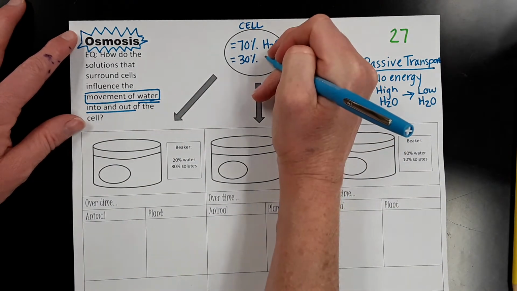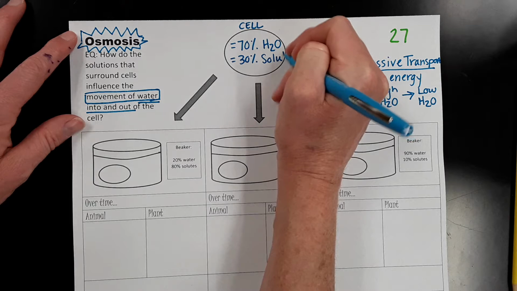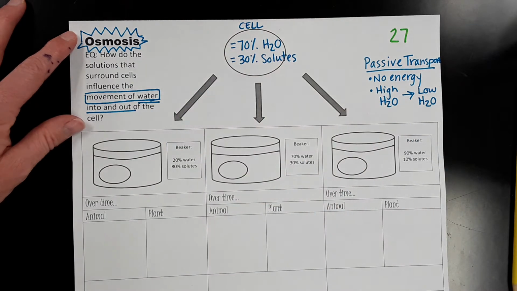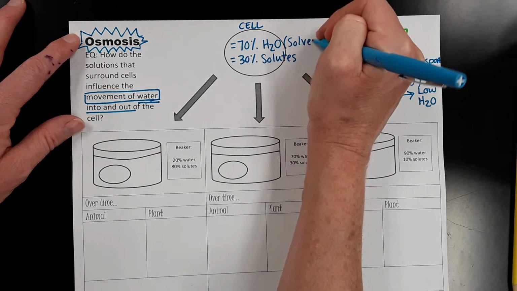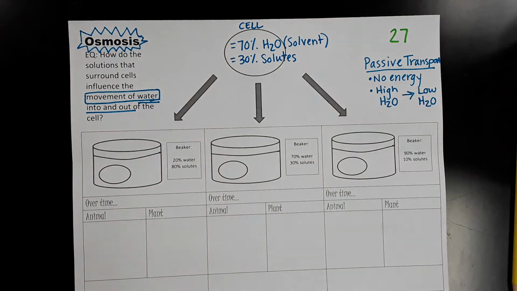We call that other stuff a solute, and that makes water the solvent. If you remember, water is the universal solvent. So inside the cell, the cytoplasm is about 70% water and 30% solutes.